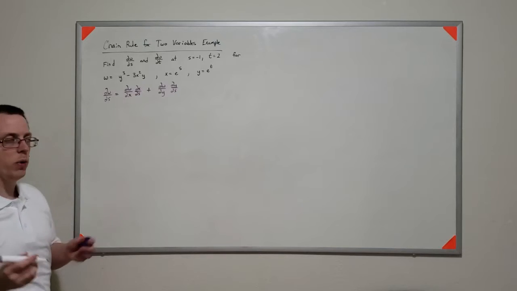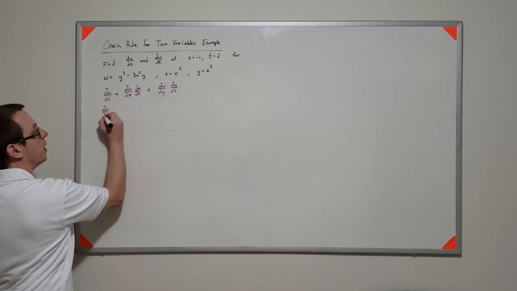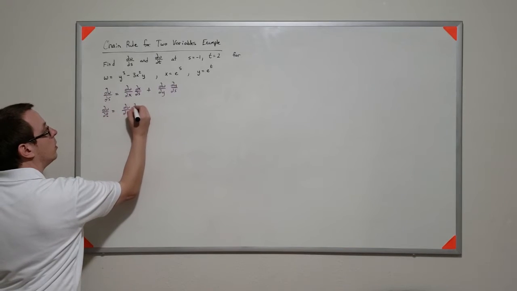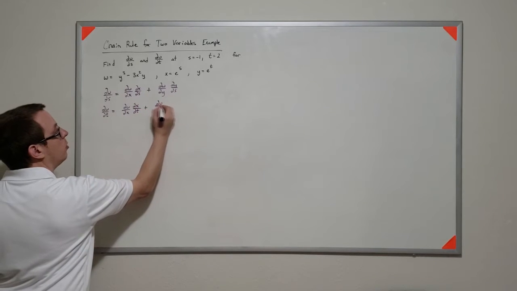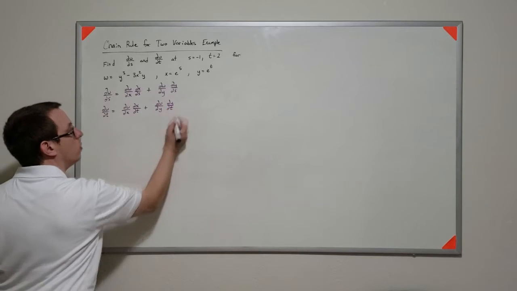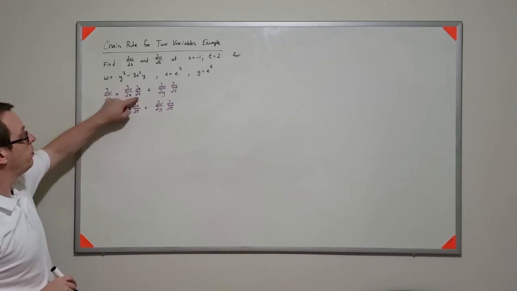Again, it doesn't behave that way, but we're going to write it like that. And then the partial with respect to t is exactly the same setup. The only thing that changes is instead of putting a ds, we put a dt.